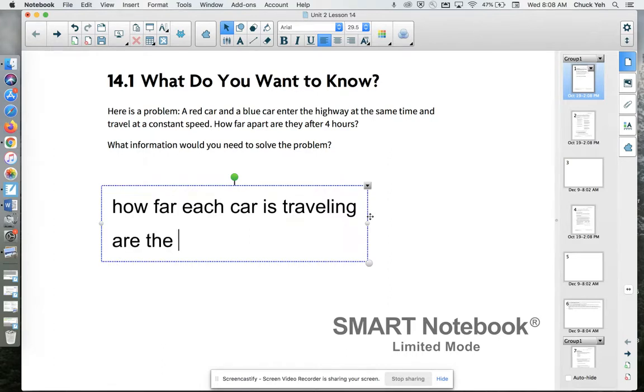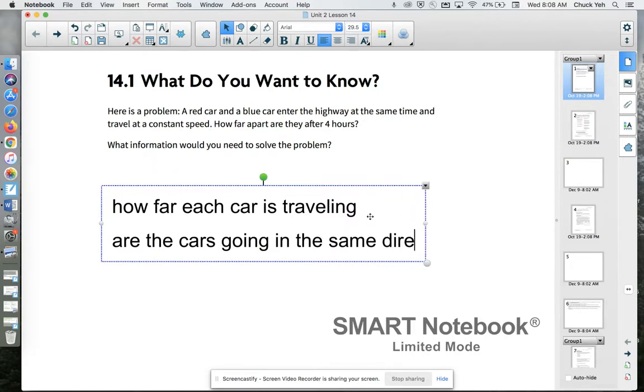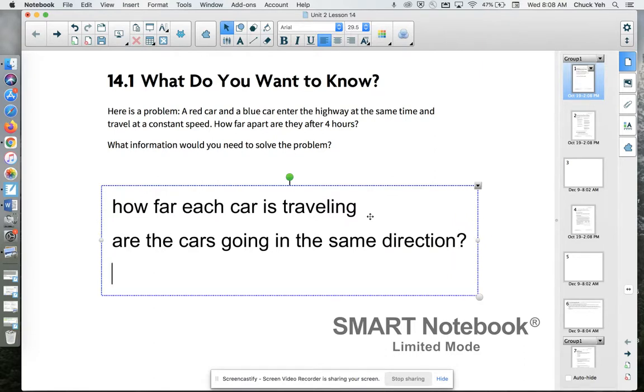Are the cars going in the same direction? That might be a question I want to know. Maybe did the cars enter the highway at the same time, at the same location?